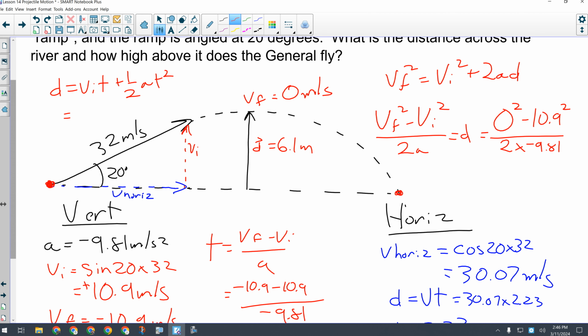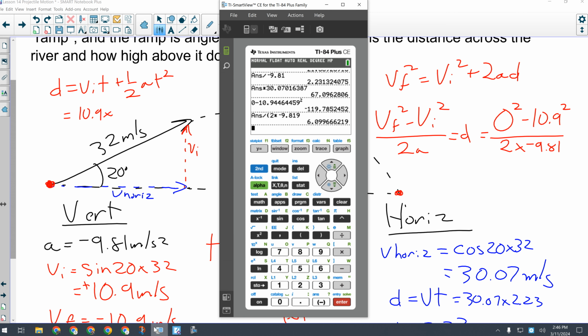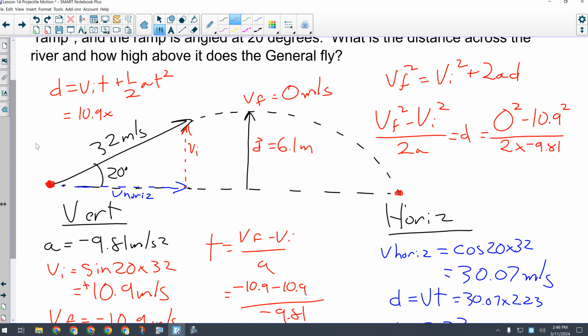Okay, so if I put in my numbers on this one, I'll have my 10.9 times, what was our time here? The time was 2.23 seconds there. Okay, so 1.11 plus 1/2 times negative 9.81 times 1.11 squared.